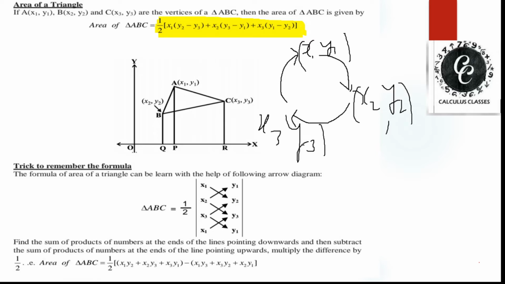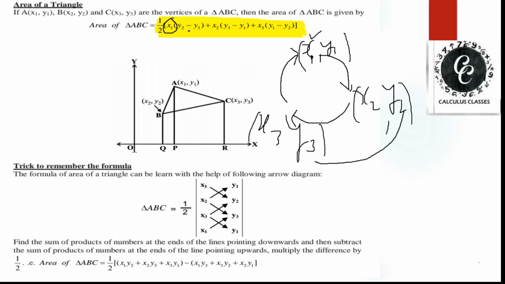Try to learn it very easily. Suppose we started from x1, so I wrote x1. After that, we have to leave this coordinate, because I took x1 from this portion. So we have to take in cyclic order y2 minus y3.